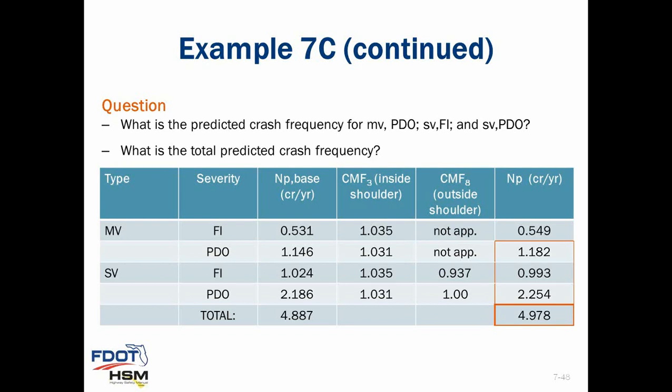And you should recall that the SPF values we need were computed in example 7a. These values are listed in column 3 of the table shown in this slide. Similarly, the CMF values we need for inside shoulder width and outside shoulder width were computed for example 7b, and these values are listed in columns 4 and 5 of the table.